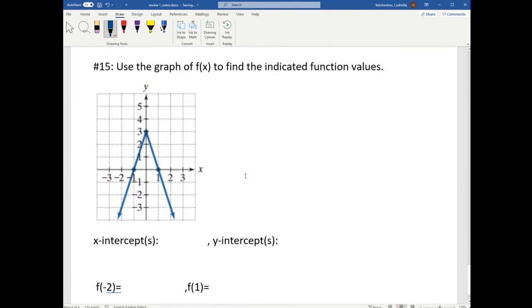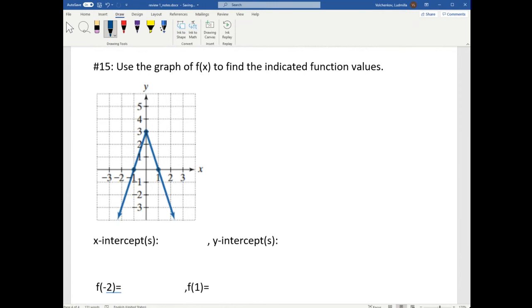Find intercepts and find the function values for given values of x. The x-intercepts are the points where the graph intercepts the x-axis.